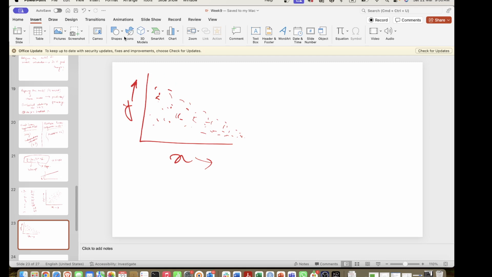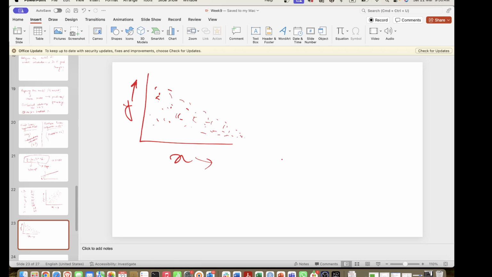So maybe their relationship is inverse. So the first and foremost thing when we have two variables is to plot a scatter plot and then check.